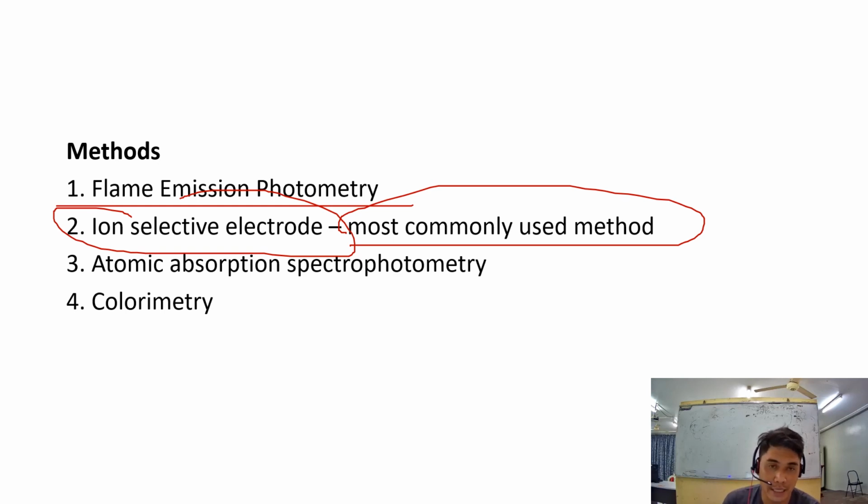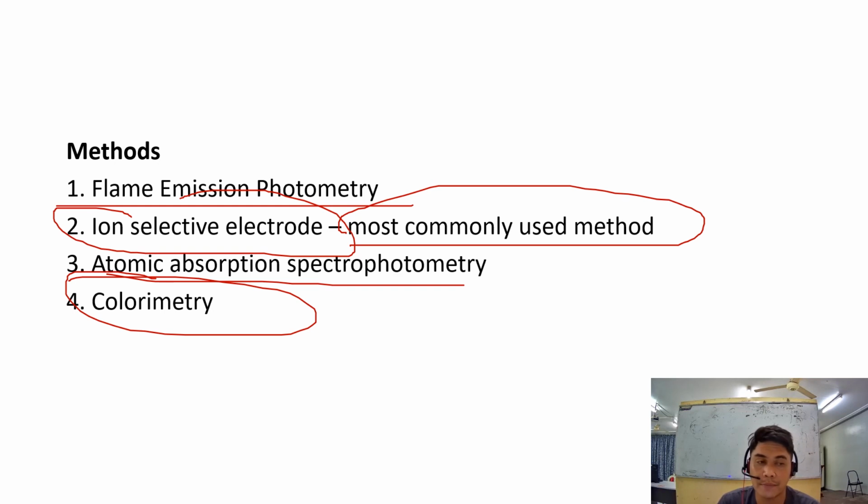Another is atomic absorption spectrophotometry, and the last one is colorimetry. Colorimetry is based on color development. The next slide will discuss the colorimetry method for the measurement of sodium.